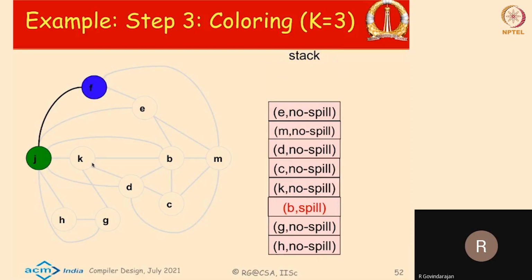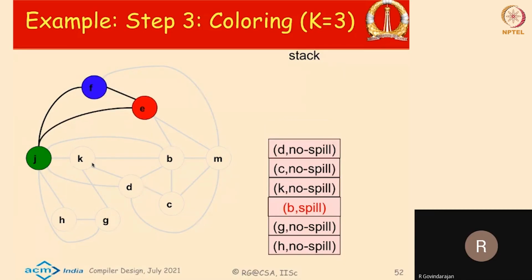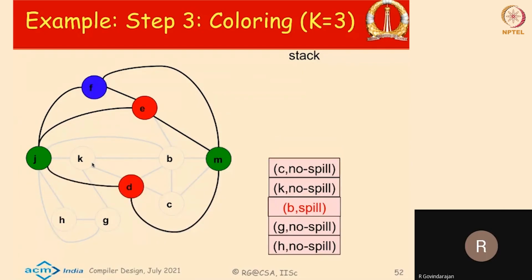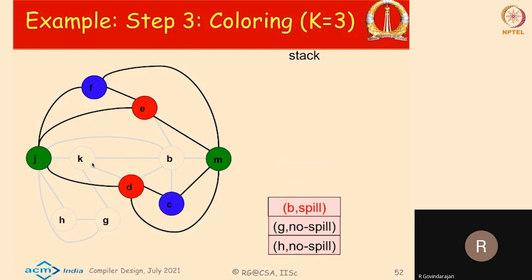First J, then F, then E, then you have M. As you can see, as we keep giving colors, we are using colors which are different from its neighbors. That's the idea, right? Now K is given a color which is different from J and D, right?